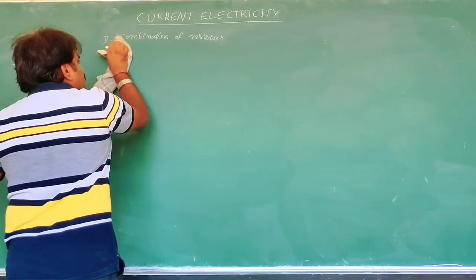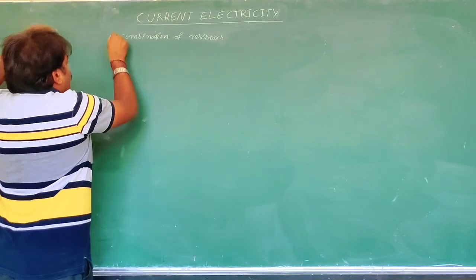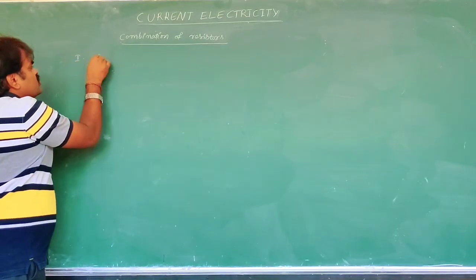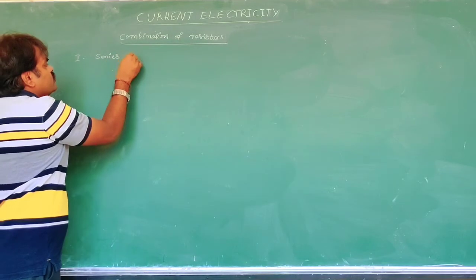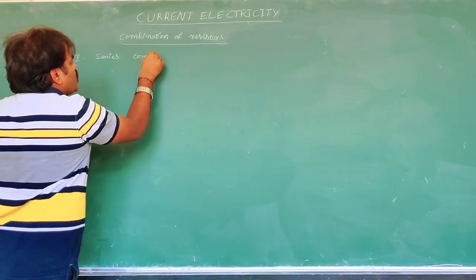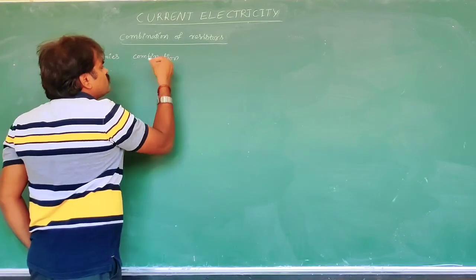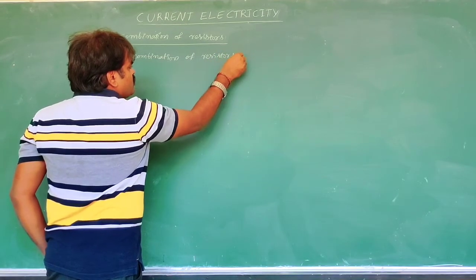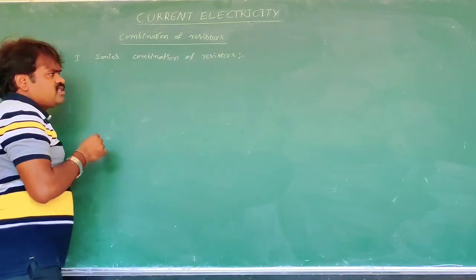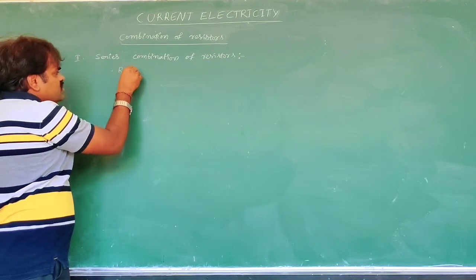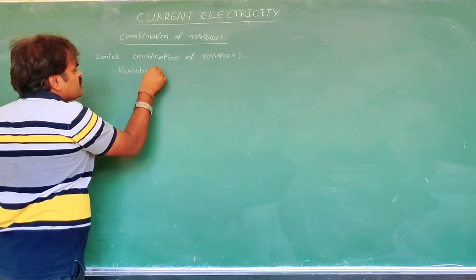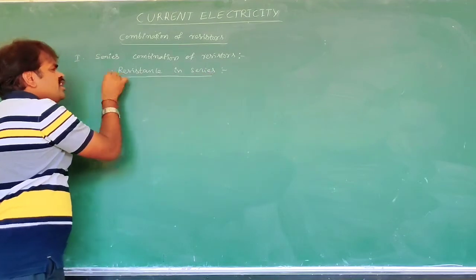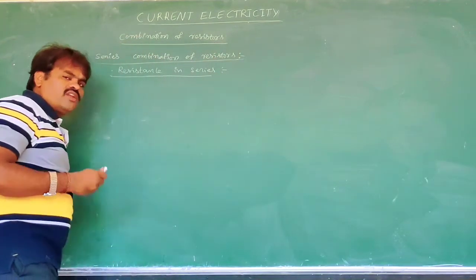The topic is combination of resistors. The first one is series combination of resistors, or this is called resistance in series. That means we can find the equivalent resistance in the series combination.